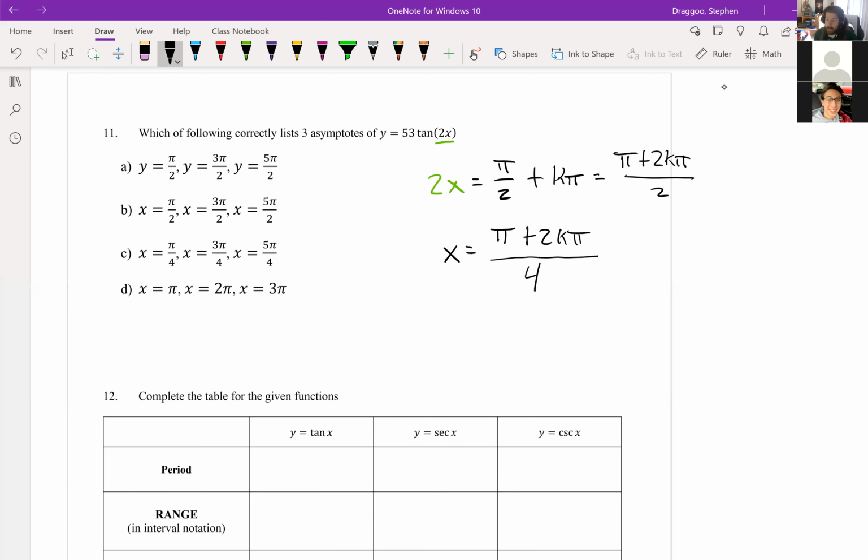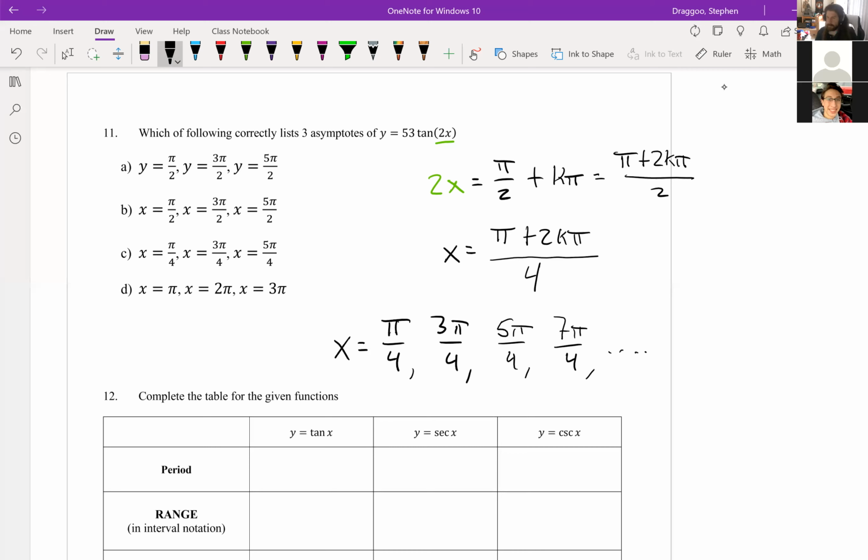So if I start picking some values for k, let's start with 0. I'm going to get pi over 4. If I pick 1, pi plus 2 pi is 3 pi over 4. And then 5 pi over 4, 7 pi over 4. I think you can see the pattern.